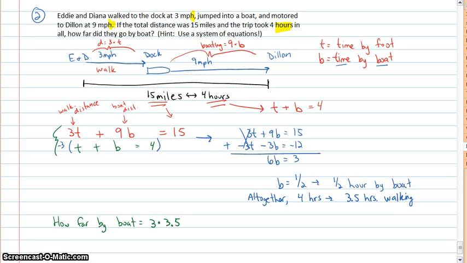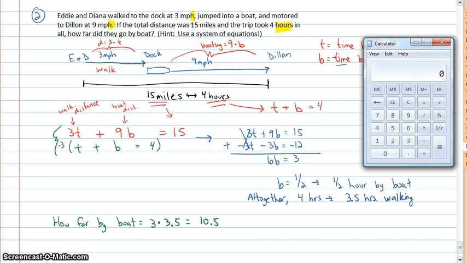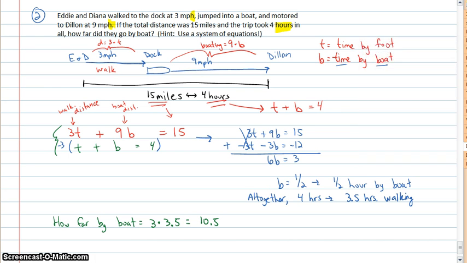So that means 3 multiplied by 3.5 is 10.5? Let's just double check. Perfect, 10.5 miles. So that means it took 4.5 miles by boat.